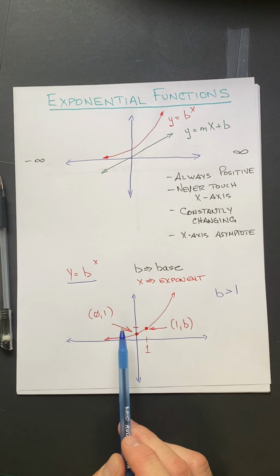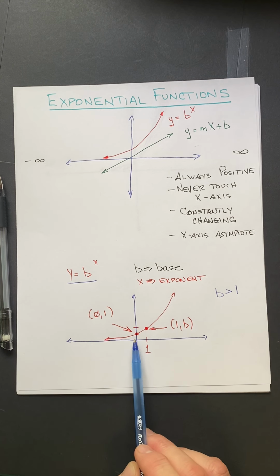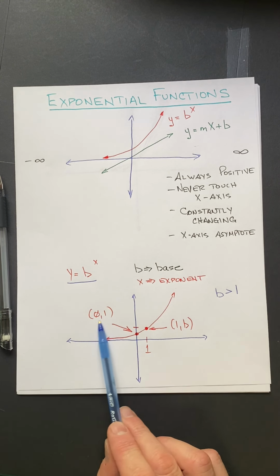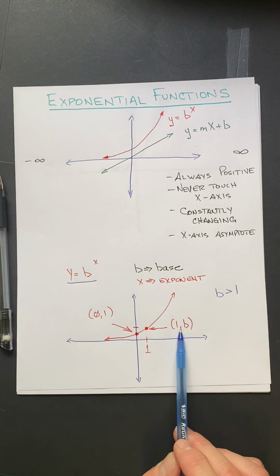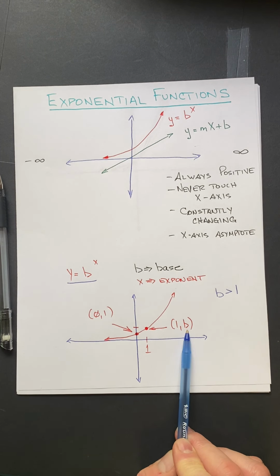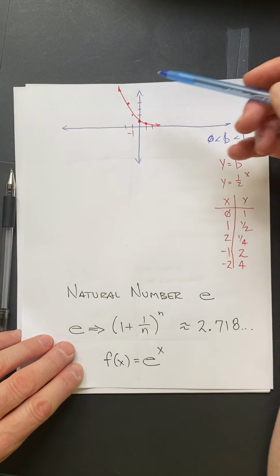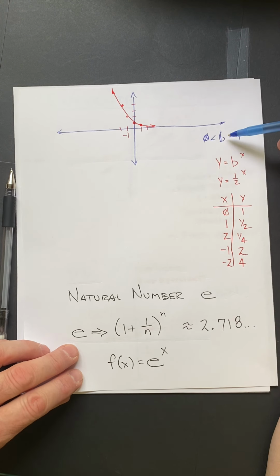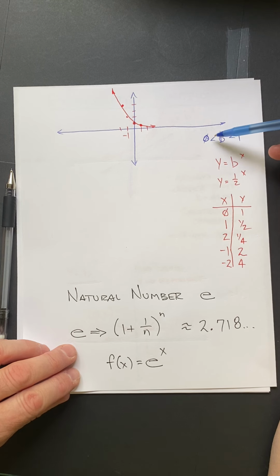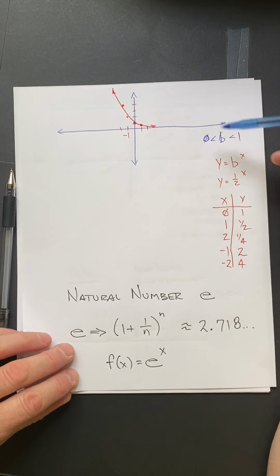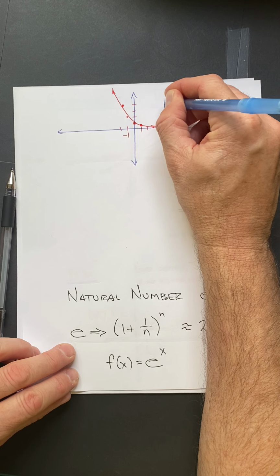So we talked about how this function always passes through (0, 1) and (1, b), where b is my base. We talked about what happens to the graph when I make my base less than 1 and greater than 0. So what have I said here?